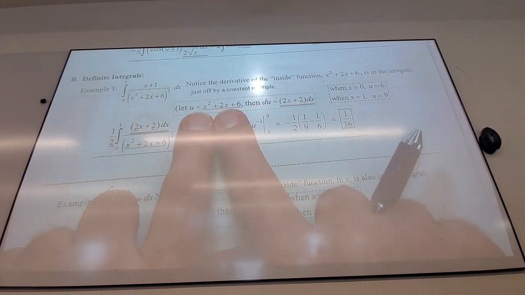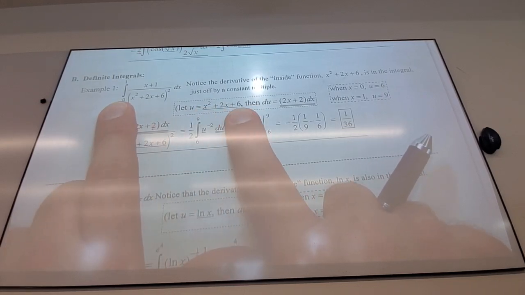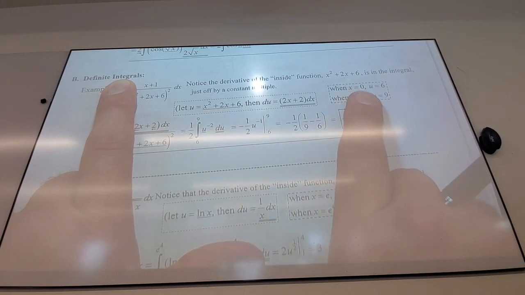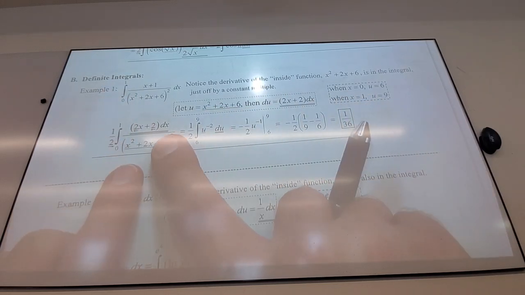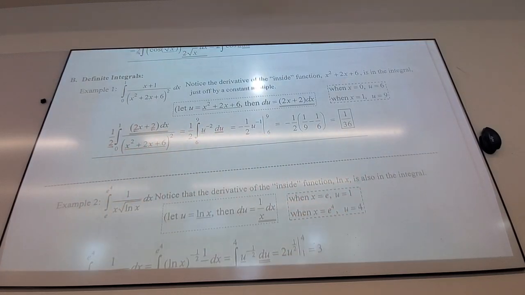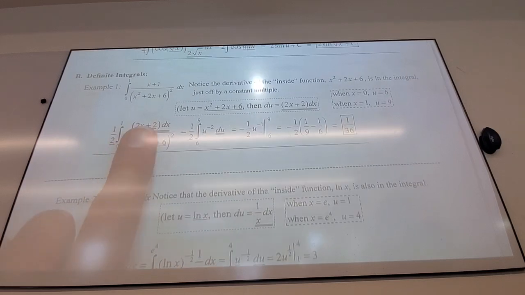So like on this example, I let u equal this business. So when x is 0, u is 6. When x is 1, u is 1 plus 2 plus 6, 9. So then my limits become 6 to 9 when I replace all my stuff. Are you guys kind of with me? A little bit? No?